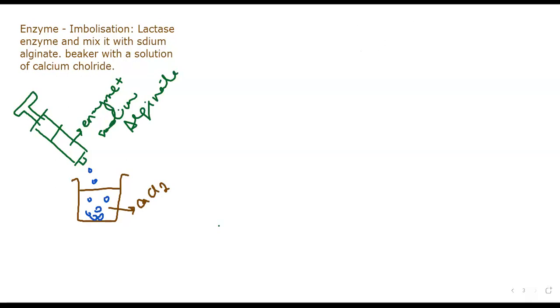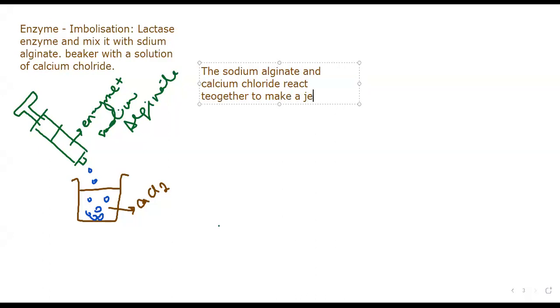The sodium alginate and the calcium chloride will react together to make a jelly-like substance, right?